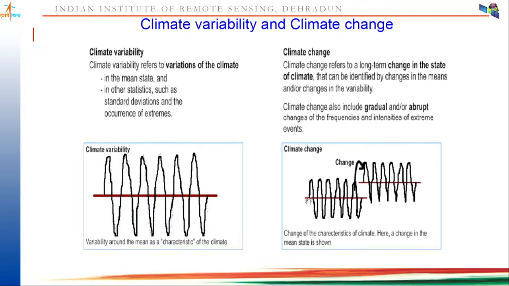Here you can see, with respect to the mean, 10 years back there may be climate variability like this, and 50 years back climate variability is like this, and now climate variability is like this.